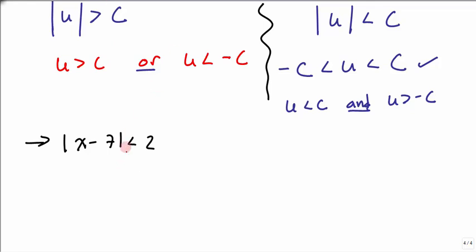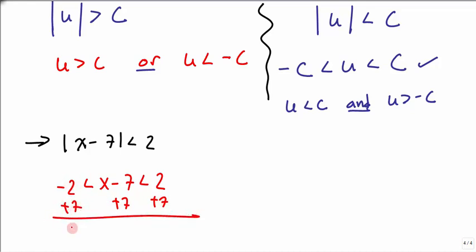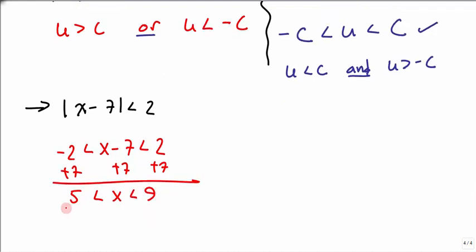Okay, well this is the less than case, so the less than case, I always look at this and it kind of points to the left, and so that's telling me to take the c and negate it to the left. So I take the negative 2 less than x minus 7 less than 2, and then to solve we'd add 7 to each part. Negative 2 plus 7 is 5, less than x less than 9. So this means x is between 5 and 9, so that's my solution.